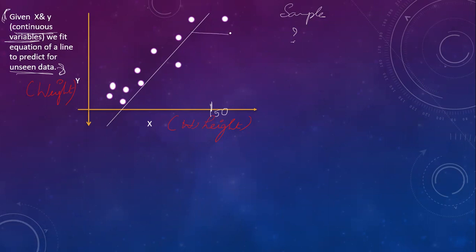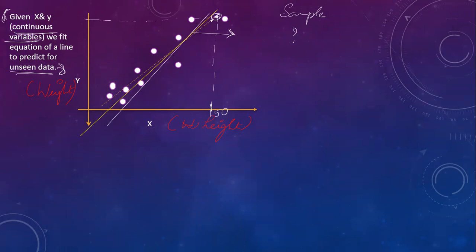This line is called the regression line. I can draw an infinite number of lines like this. This could be a best fit line. So to predict for a future value, that is 150, I'll use this line and predict this point, and I'll tell the weight using this.